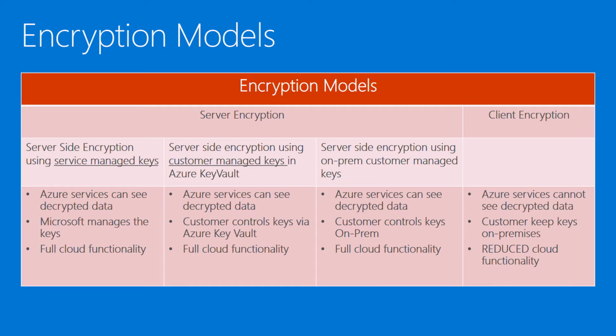And then there is a discussion about how useful it really is if the data needs to shuttle back and forth from the cloud, or the keys need to come back to the data center so we can decrypt the data. So the models that we normally recommend are either the client encryption or the two server encryption models where we manage the keys or you manage the keys in Key Vault.